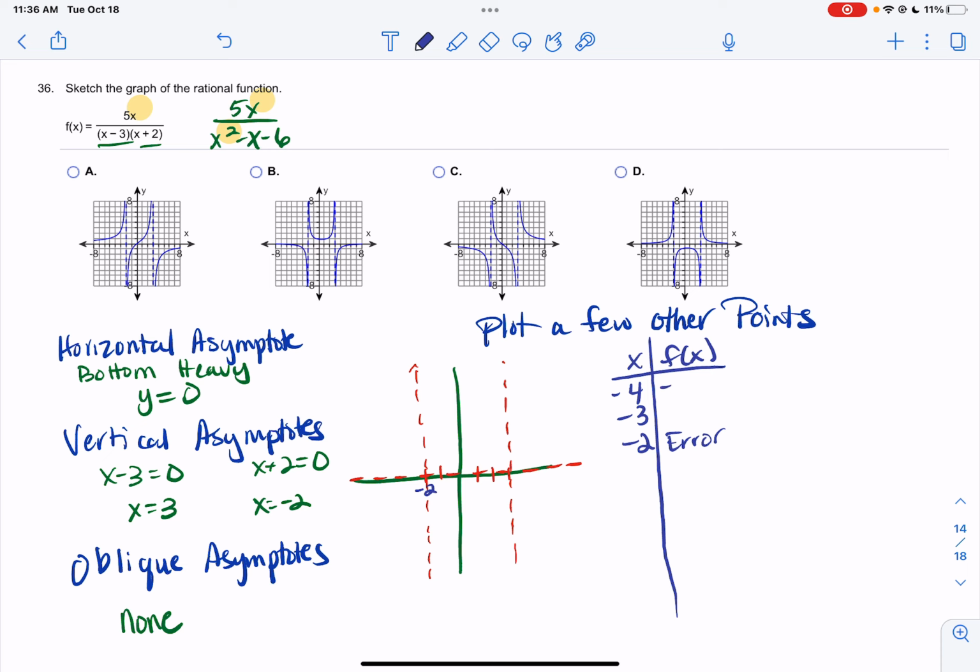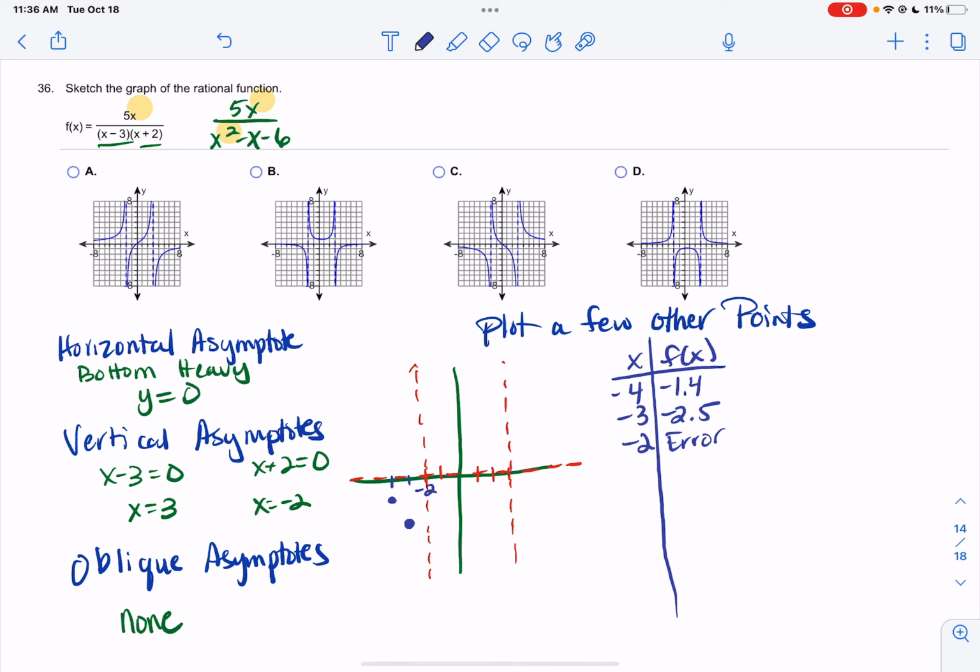Plugging in negative 4 for x into the original function, you get approximately negative 1.4. And you plug in negative 3 into the original function for x, you get approximately negative 2.5. So if we plot those 2 points at negative 4, negative 1.4, which is just eyeballing in here, just a rough sketch, and at negative 3, negative 2.5.